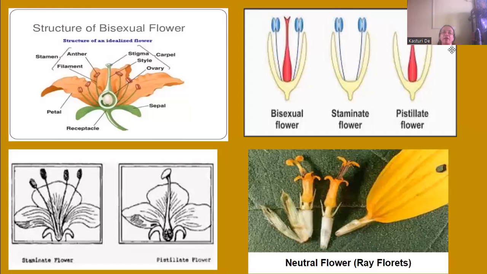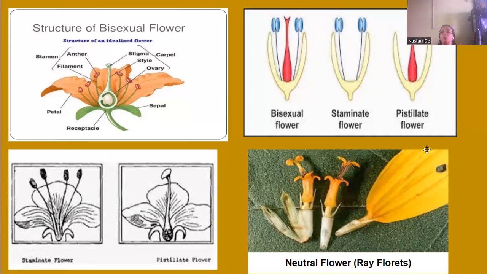You see, this is the bisexual flower picture. First picture, structure of a bisexual flower. See, this has both the reproductive organs, that is the male reproductive organ, the stamens, and the carpel is present. Okay. Now, just below that is the staminate flower and the pistillate flower. So the staminate flower contains the stamens only, and the pistillate flower, only the pistil, no stamens.